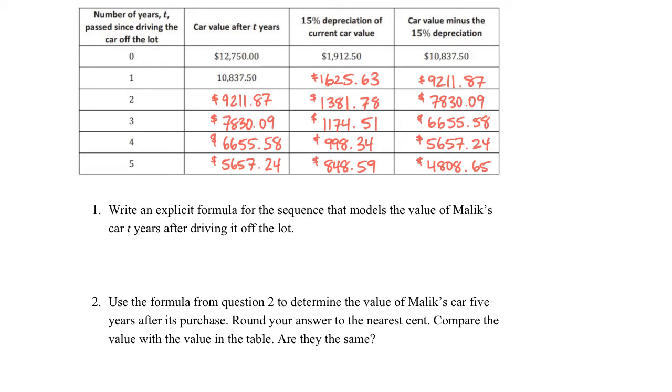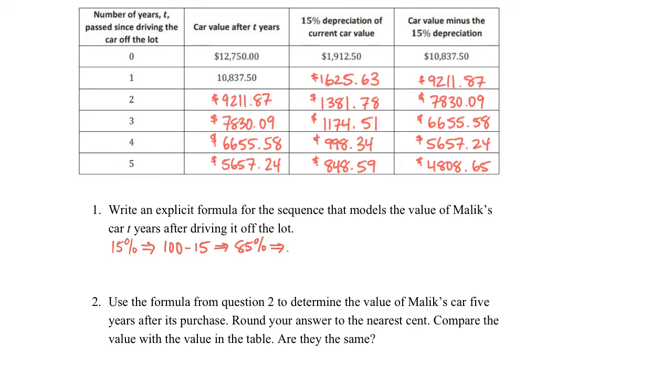So if we were growing by 15%, then we would say that that's a growth factor of 115%. But since we're going down by 15%, it's actually 100 minus 15, which gives us a growth factor of 85%.